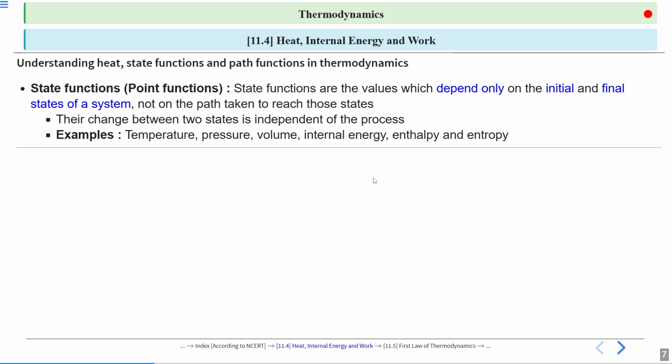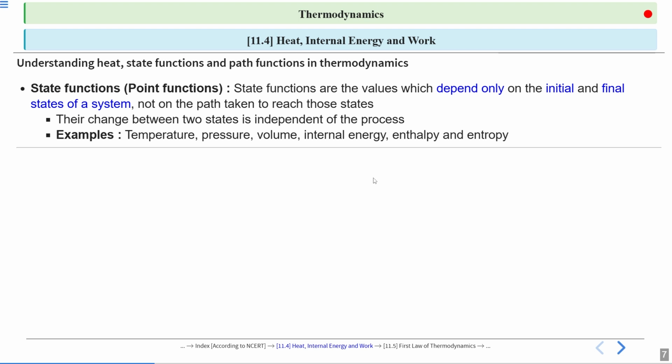So in upcoming lectures, we will learn more about state functions like internal energy, enthalpy, and entropy. All right. So simply we can say state functions are path independent functions which depend only on the initial and final point, not on the path taken by the processes.